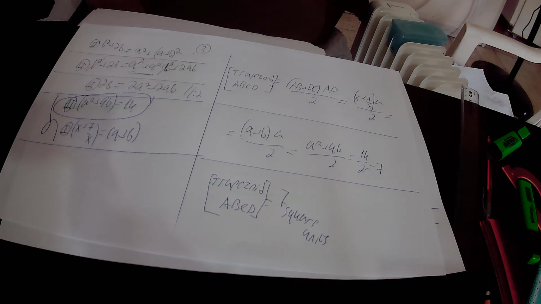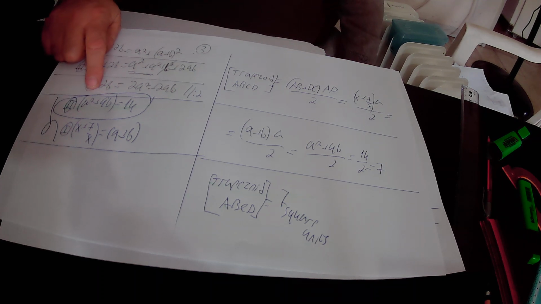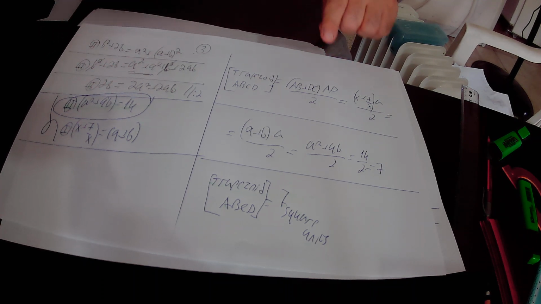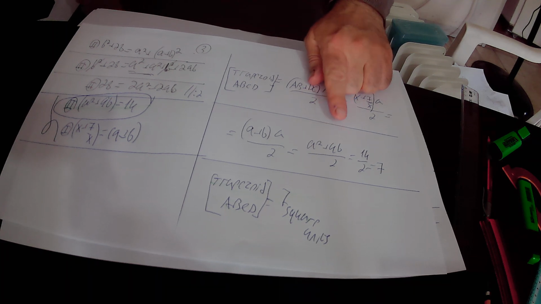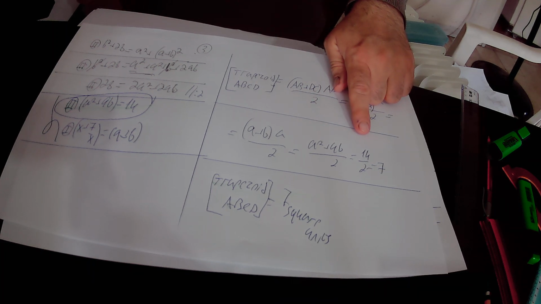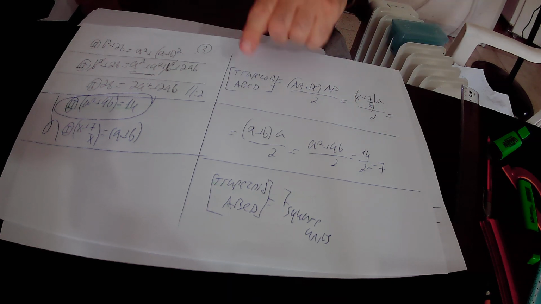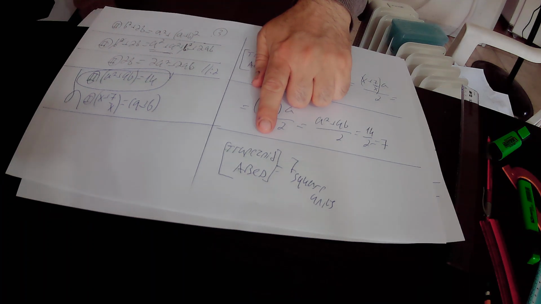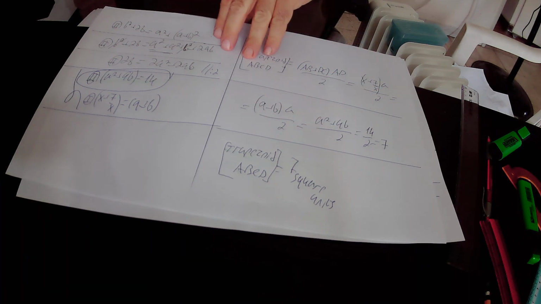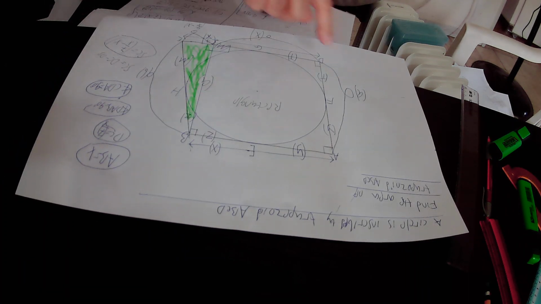But according to equation 2, we already found that A square plus AB is 14. So we can substitute A square plus AB by 14. We did it and found that the area of trapezoid ABCD equals 14 over 2, that is 7. So in conclusion, the area of trapezoid ABCD equals 7 square units. I repeat again, the area of this trapezoid ABCD is 7 square units. Okay, thank you very much.